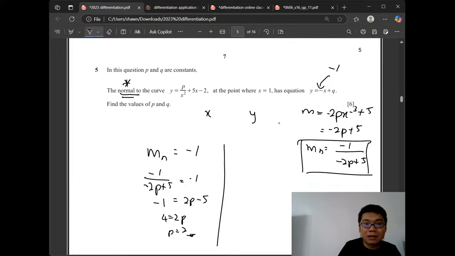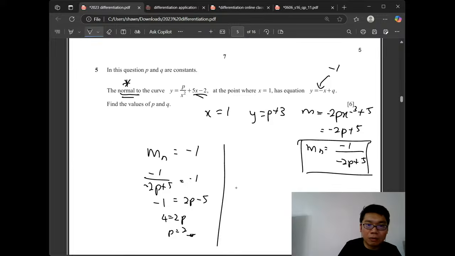By substituting into my equation, we need to compare by forming our own equation. When x is 1, my y is p plus 5 minus 2, which is p plus 3.